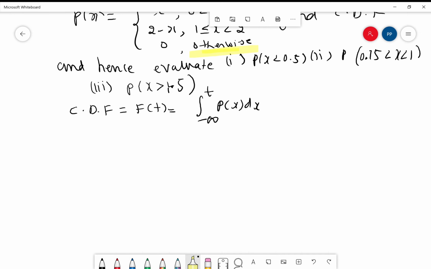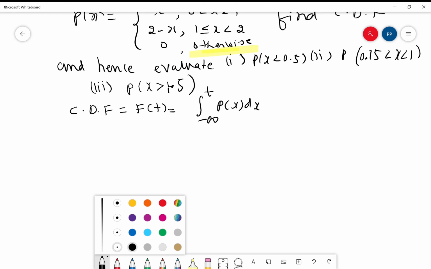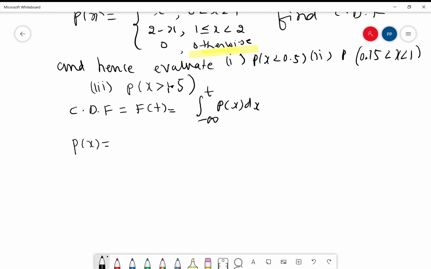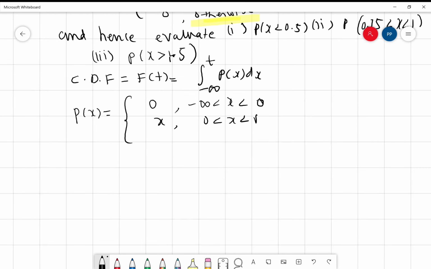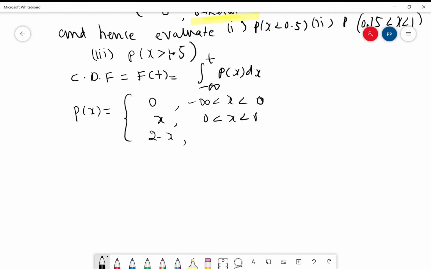That means the function p of x can be written as p of x equals 0 in minus infinity less than x less than 0, x in 0 less than x less than 1, and 2 minus x in 1 less than or equal to x less than 2, and 0 in 2 less than x less than infinity.